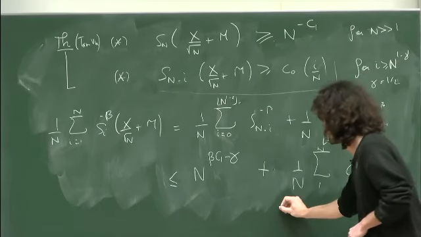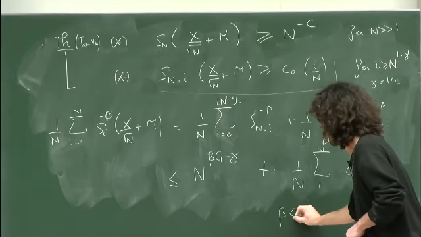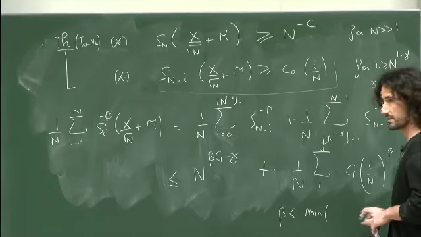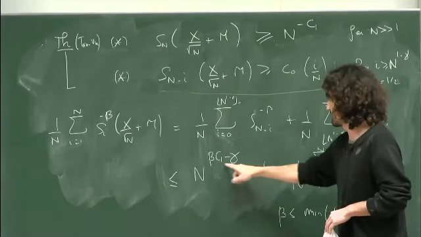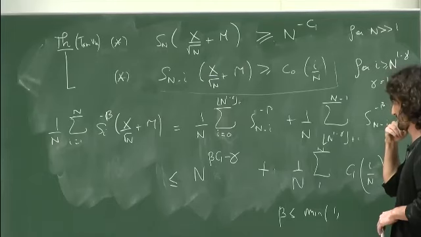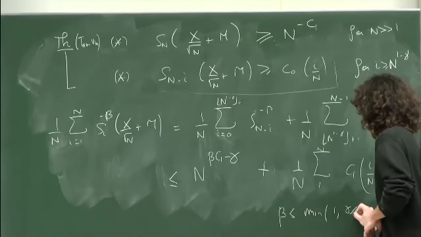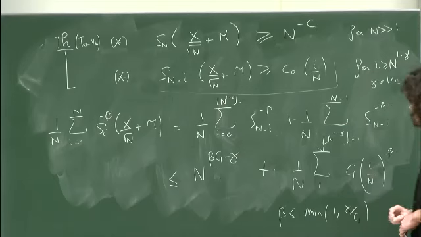Of course, you take beta smaller than 1 to guarantee that this converges, and beta c1 less than gamma, it's okay.